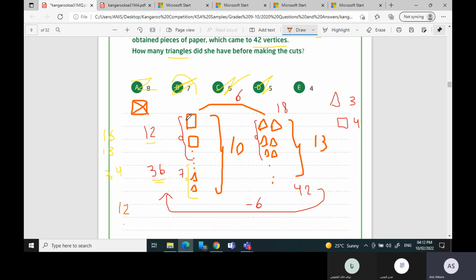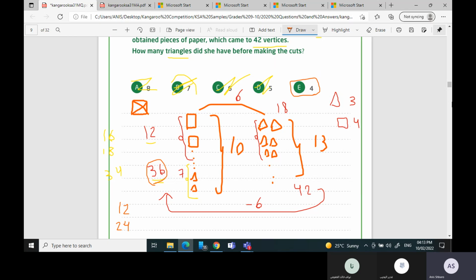Each one has 4 vertices, so 6 times 4, I'm talking about 24 vertices. If I add the sum, 12 plus 24 is equal to 36. So this is my choice.